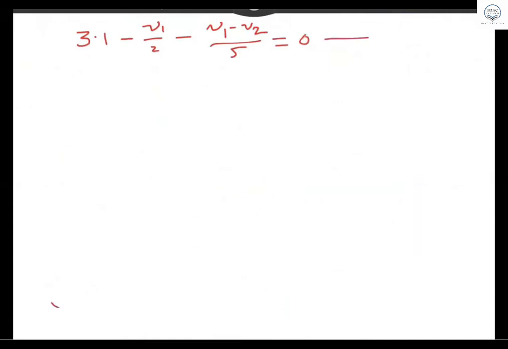And what is equation 2? Sir, (V1 minus V2) divided by 5 minus V2 by 1 plus 1.4 equal to 0. Okay, this is equation 2.